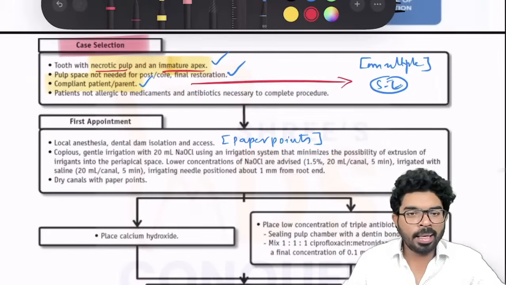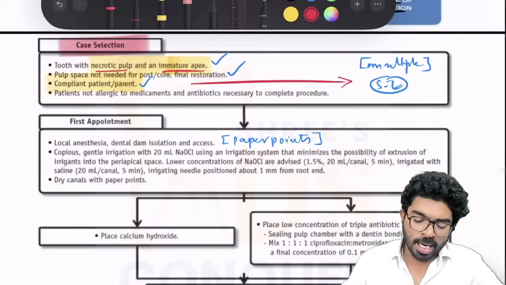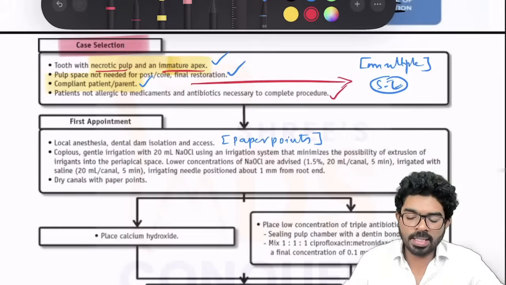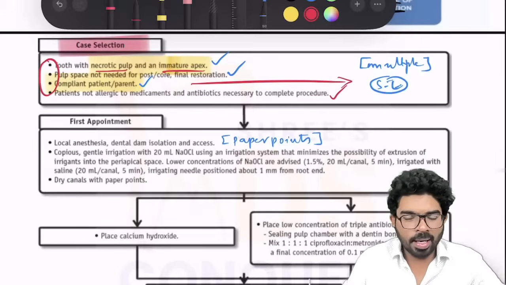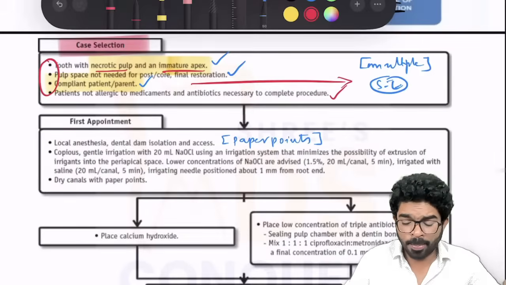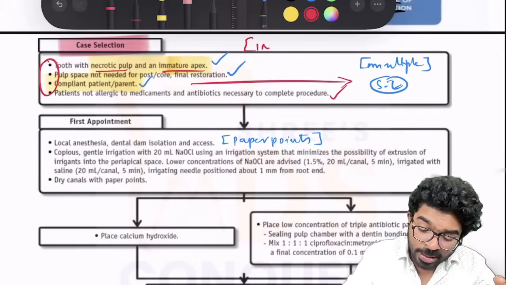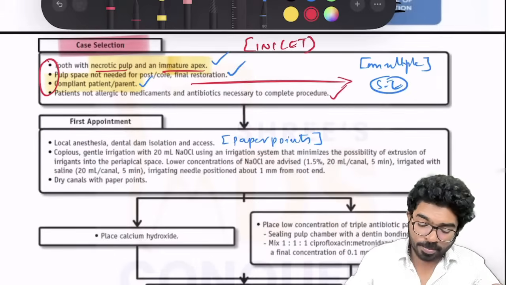Similarly, in regenerative endodontics the patient has to come for multiple appointments, and should not be allergic to the medications or antibiotics used to complete the procedure. These are the 4 criteria given according to the American Association of Endodontists, which are very important. You have questions on this area in INICET.